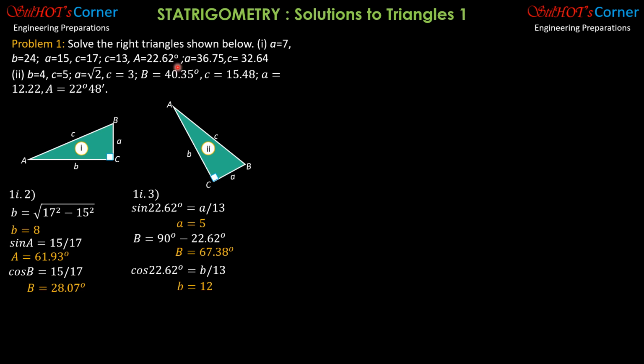Then for 1.1.4, A is 36.75 and C is 32.64. Notice that A is greater than C. Since C is not the longest, A is longest.